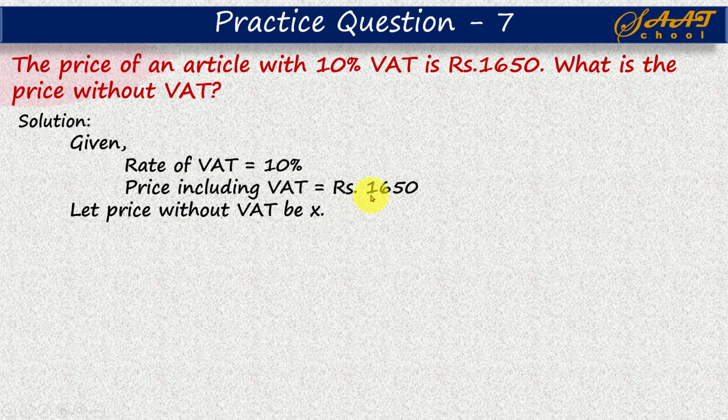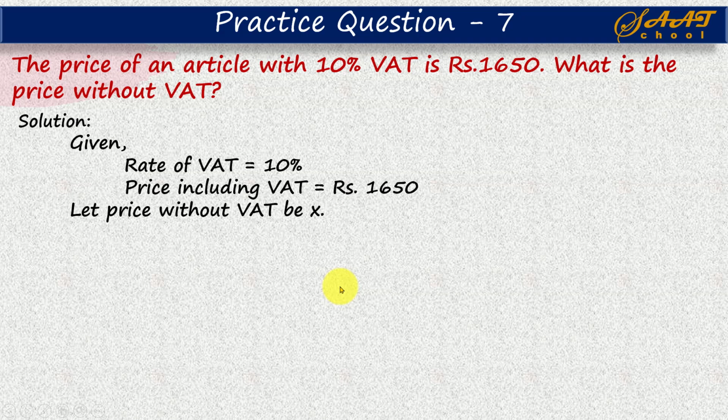Again, this is the price after VAT and this is the price before VAT. Now we have VAT, the rate is given, 10%. Now we can find the amount of VAT, which should be equal to 10% of this X.